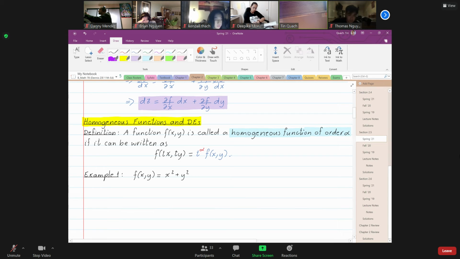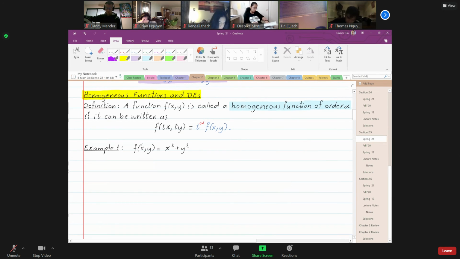So for example, I give you f(x,y) equals x squared plus y squared. To see if it is a homogeneous function of order alpha, this is what we do. We replace the x with tx and the y with ty.